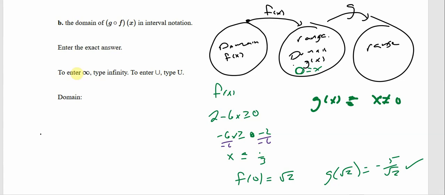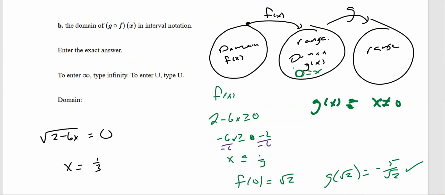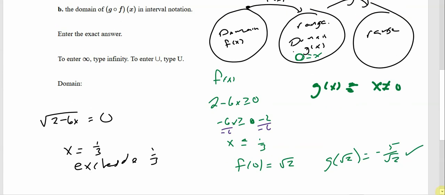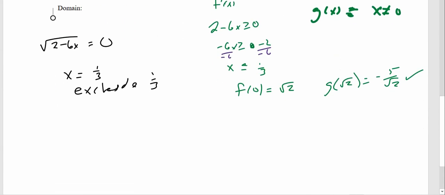So the question is, when is 2 minus 6x equal to 0? That turns out to be when x equals 1/3. So we have to exclude 1/3 from the domain, because here's what happens, again taking it step by step.